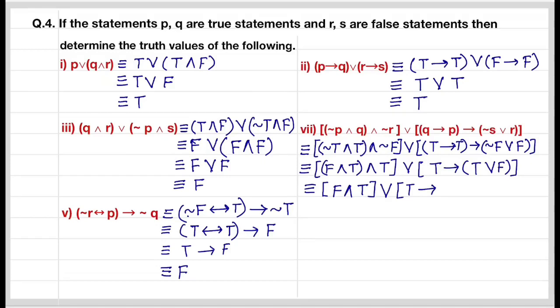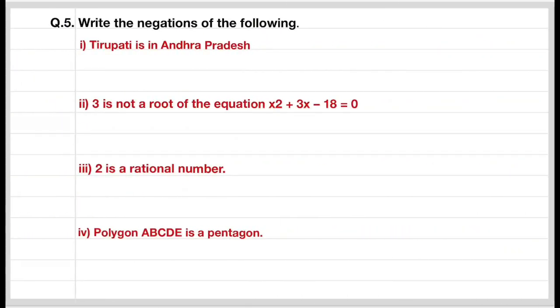T implies, here T or F is equivalent to T. This bracket will be F and T is equivalent to F, or T implies T is equivalent to T. F or T is equivalent to T. That means the truth value of this statement is T. Understood? Good.